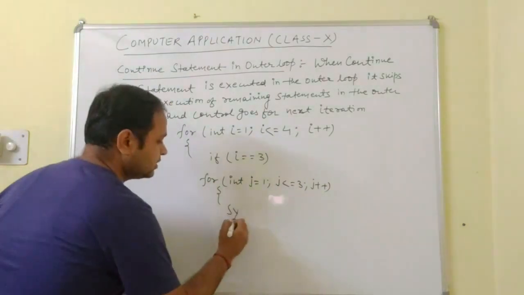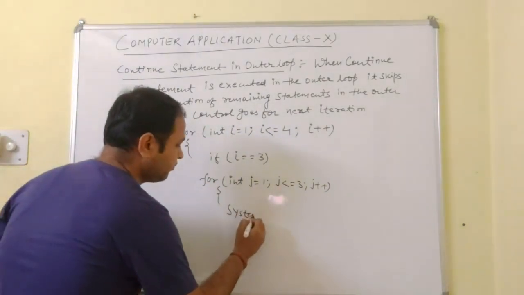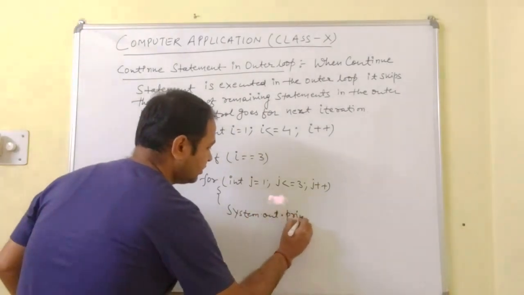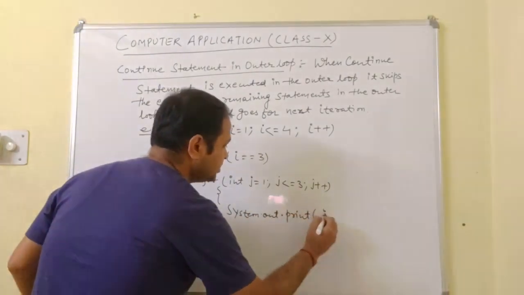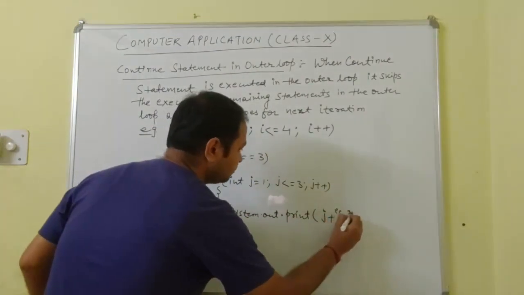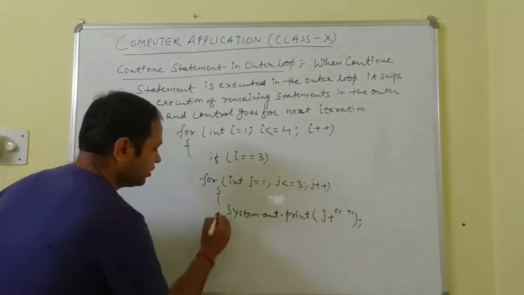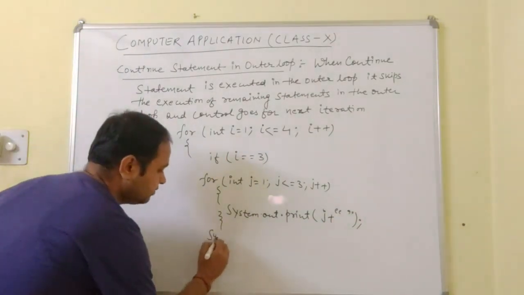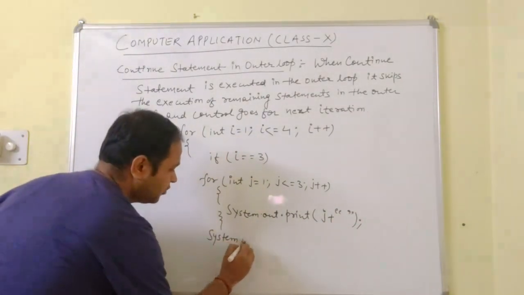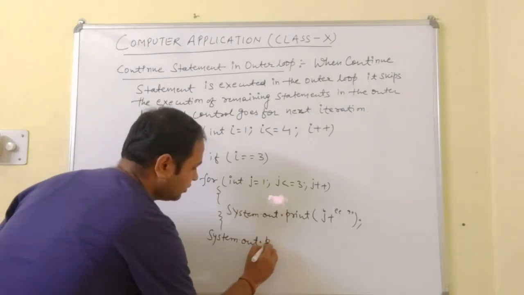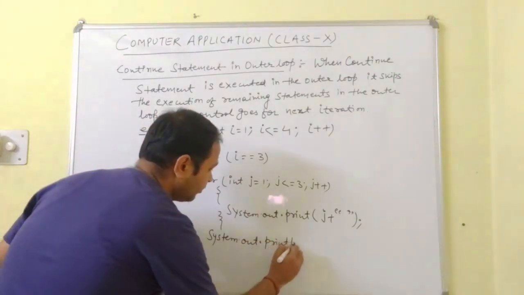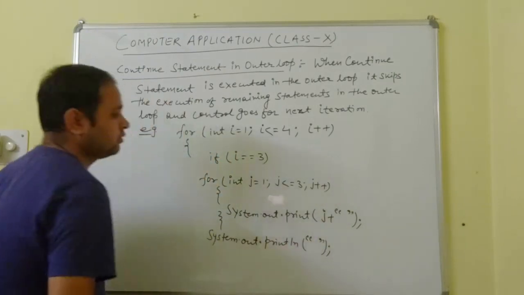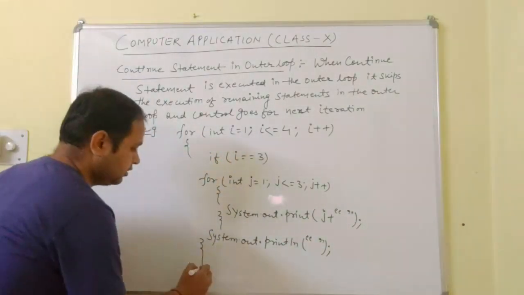Then System.out.print j, close the bracket of the inner loop and write System.out.println. Okay, then close the outer loop.